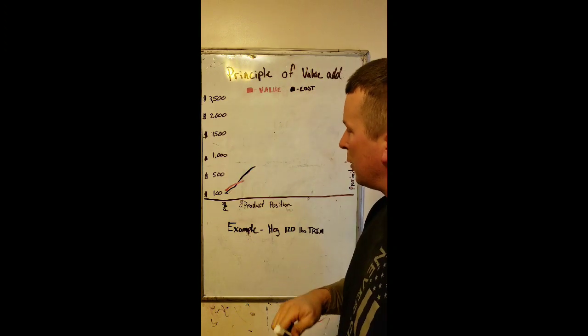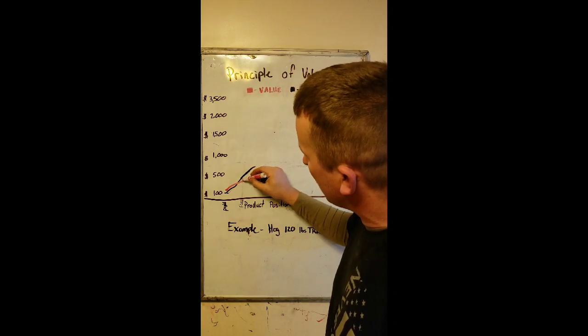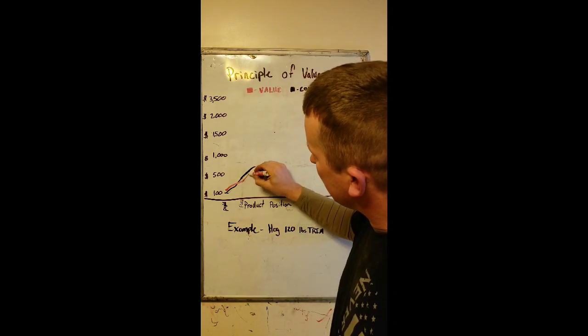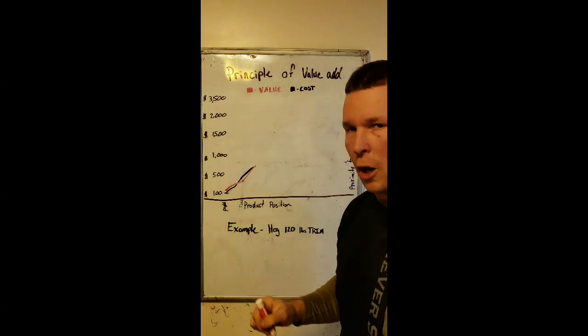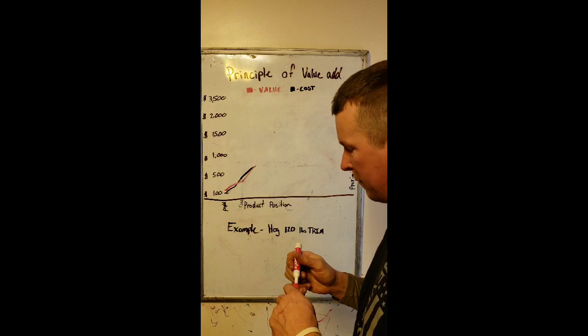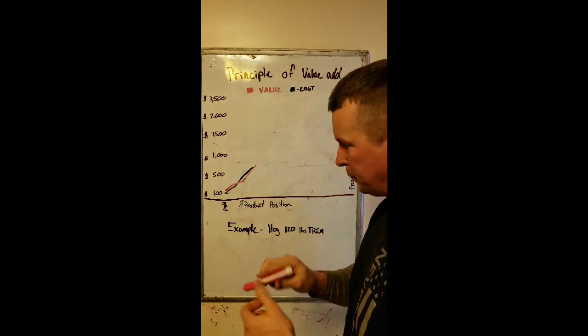But the market is willing to bear a price that allows us to break even on this now. So we won't take a loss necessarily, but we're not making a profit, okay? Better than down here, but not ideal.